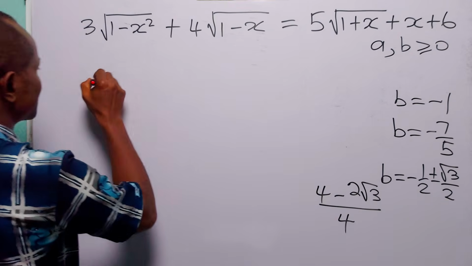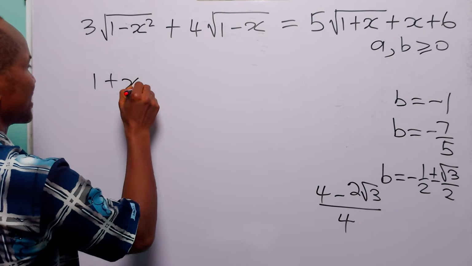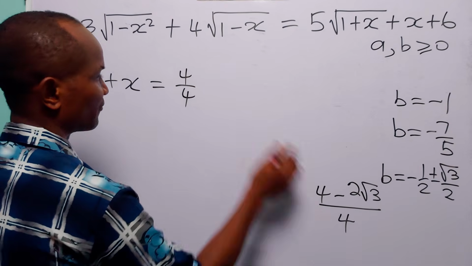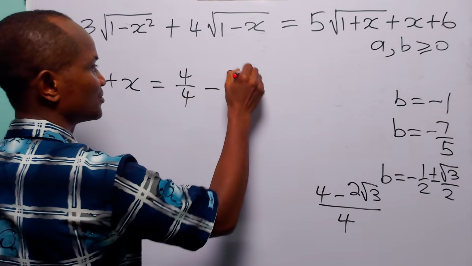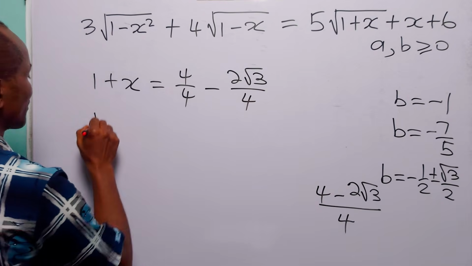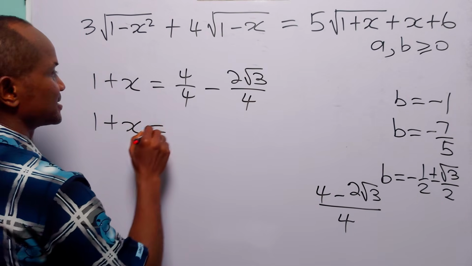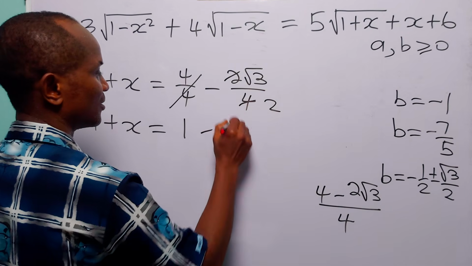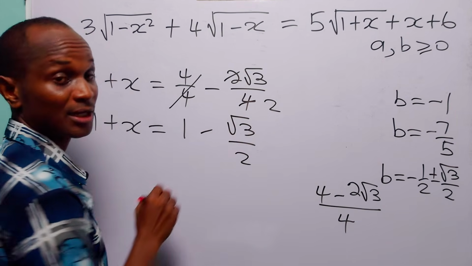And from here, we have that 1 plus x is equal to 4 over 4 minus 2 root 3 over 4. 1 plus x is equal to 1 minus root 3 over 2.